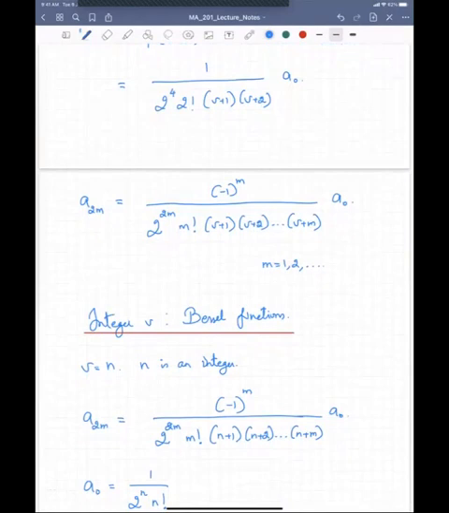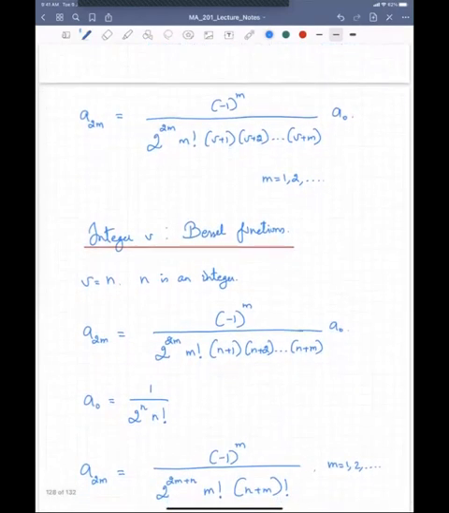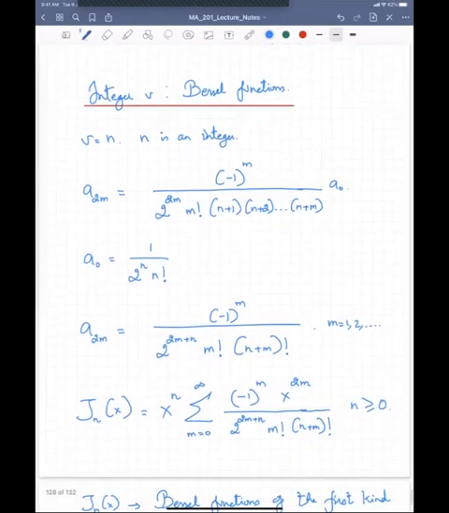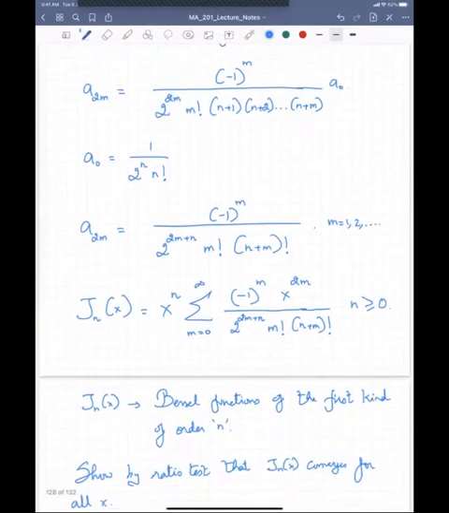It turned out to have this particular form that is visible on the screen. At this stage we kept nu arbitrary, and now we specialized to an integer nu. If we specialize to an integer nu, we found that with a judicious choice of a0, you can clean up the denominator of a_2m quite gracefully, and the whole thing collapses into a factorial.